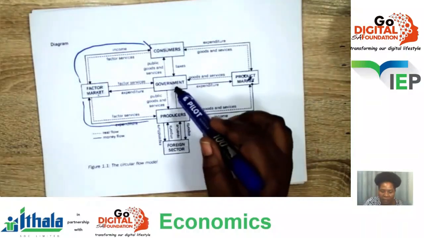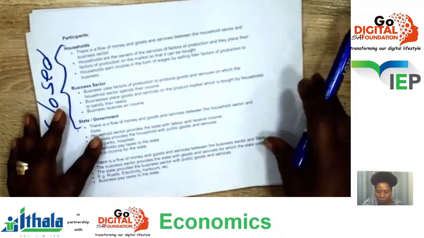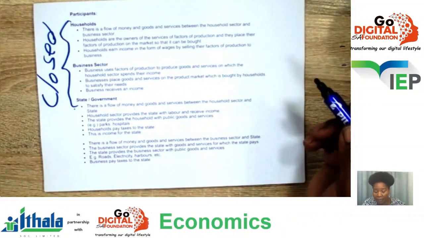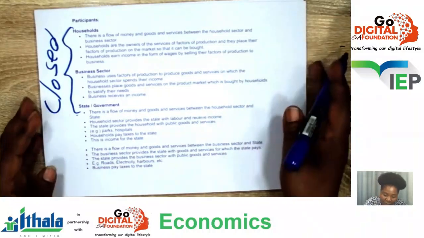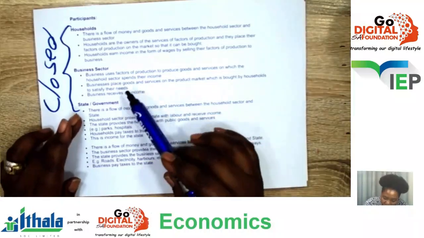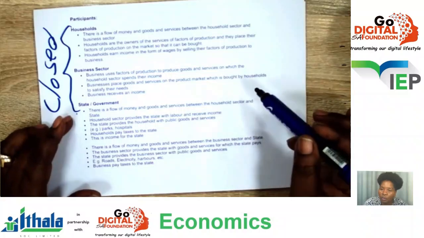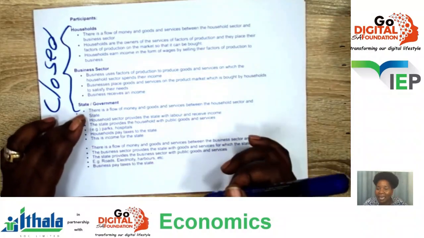What's happening with the government in the middle there? We know that as households, every parent, I believe you know your parent, they always complain about tax. Tax this, tax that. Unfortunately, they have to pay tax because the flow of money, of goods and services that is happening between the households also happens between the household and the state.